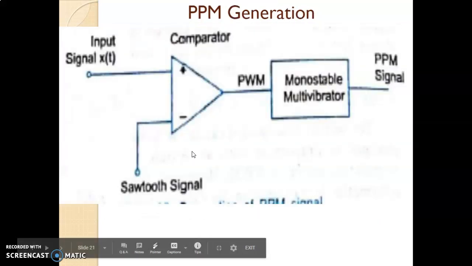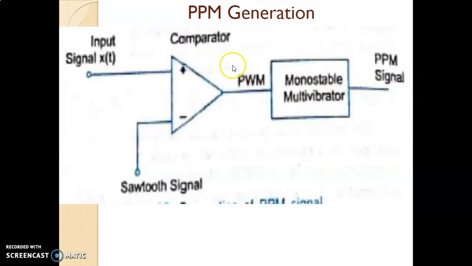From the diagram, the PWM signal is generated from a comparator as we have seen in another lecture, and when this PWM signal is given as an input to the monostable multivibrator, it generates a PPM signal. Again, the monostable multivibrator has one stable state and one quasi-stable state.